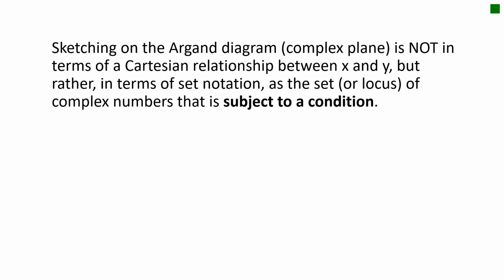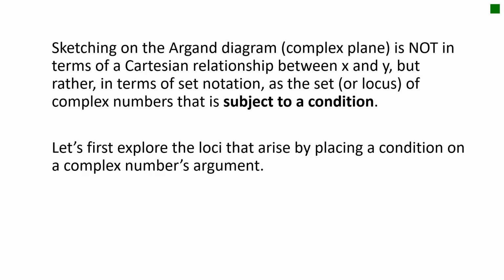Sketching on the Argand diagram is not in terms of this Cartesian relationship between your x and your y, but rather it's in terms of set notation. That is the set, or locus as it's more correctly termed, of complex numbers that is subject to a condition. So we're going to look at all kinds of conditions that give rise to particular sketches on the Argand diagram.